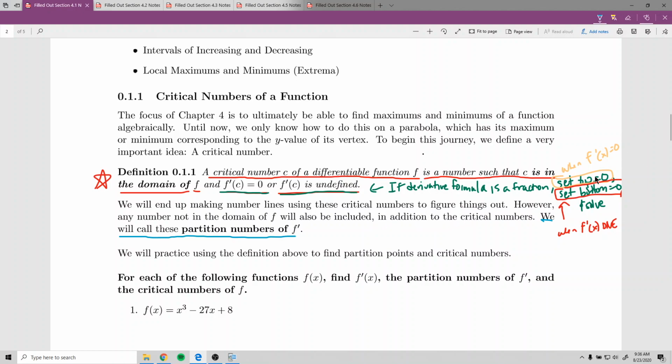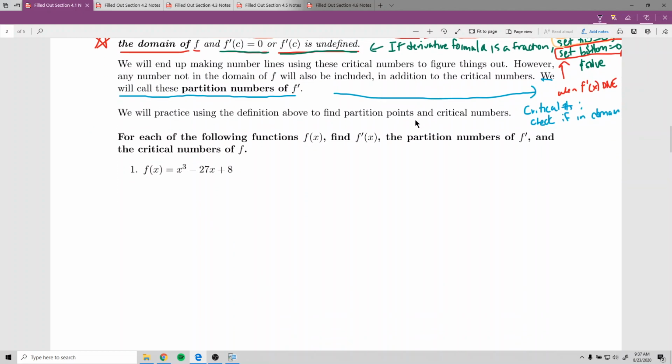So when you do this, you're going to get the partition numbers, and then you have to make sure the numbers are in the domain or not. But when we deal with partition numbers, we don't have to worry about that. We just include both from here. So the critical numbers we need to check if they are in the domain, which we'll see with one of our examples throughout this section.